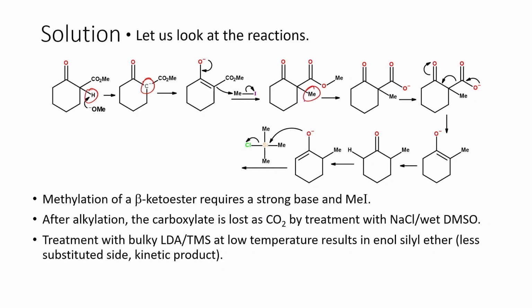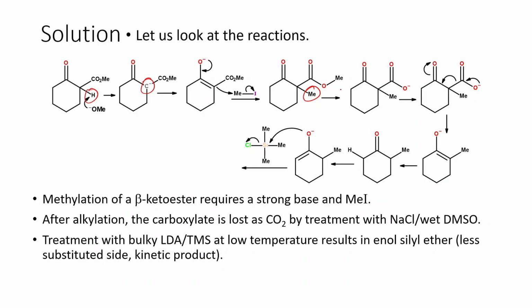Once the methylation is over, what is the next step? We use sodium methoxide or any strong base with methyl iodide to give the methylation. That is step number 1. Then what is step number 2? We are going to use some hydrolysis conditions, and this is a beta keto acid.